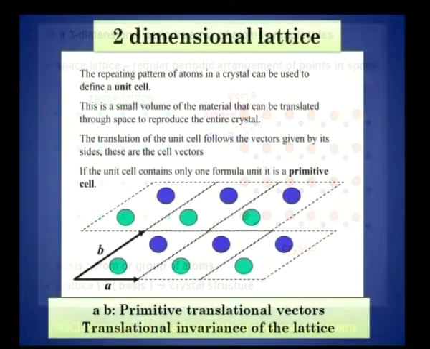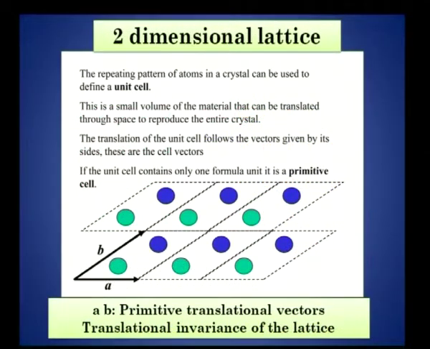With this we can pass on to the primitive cell. As I told you in the last lecture, this constitutes what is called a primitive unit cell, and vectors A and B are called the primitive translational vectors.